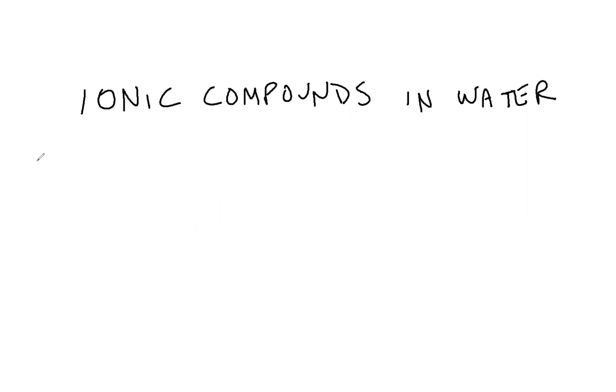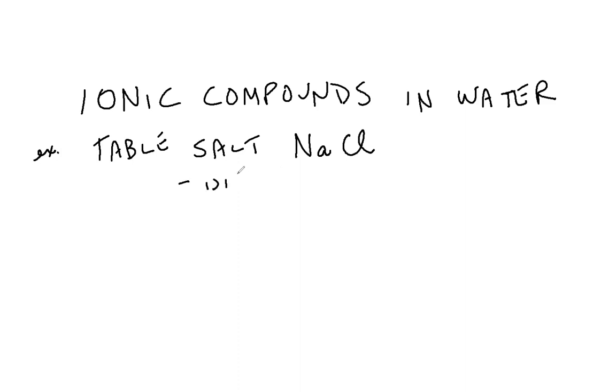So for example, if we have some table salt, that is the compound sodium, Na, chloride, Cl. So if we take some sodium chloride and put it in water, it dissolves in the water, so that we say that the sodium chloride is soluble in the water.